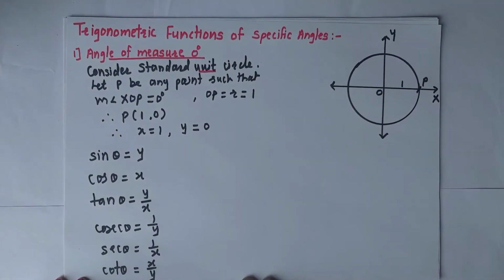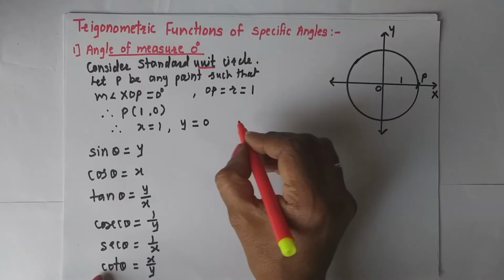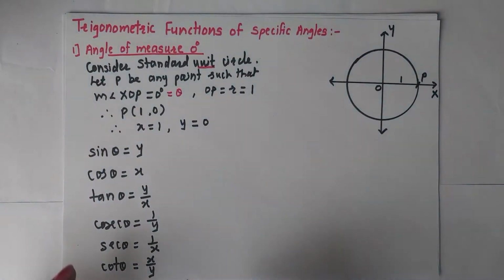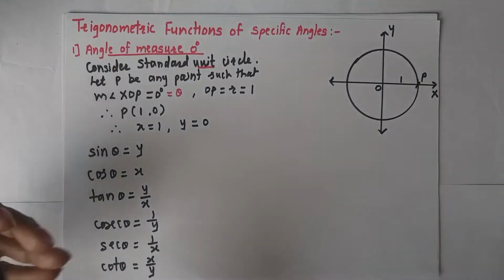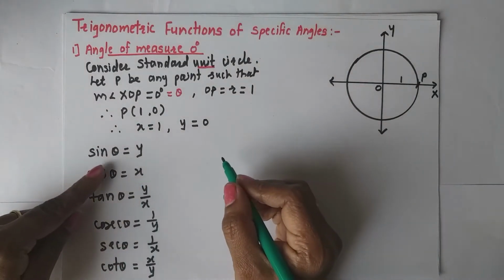Now here we are considering standard unit circle and what is the value of theta here? This is nothing but your theta. Now keep the value of theta and x, y in these functions.